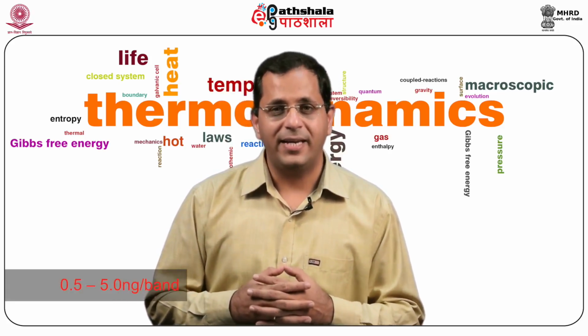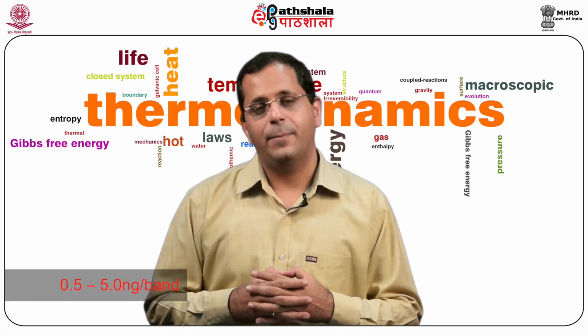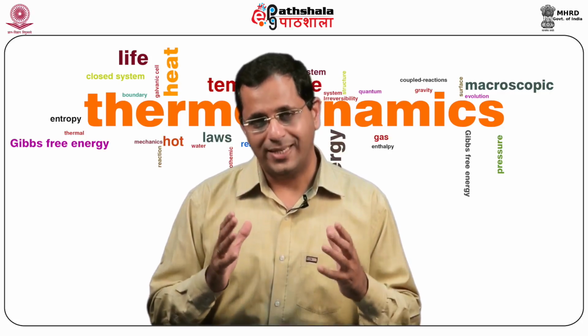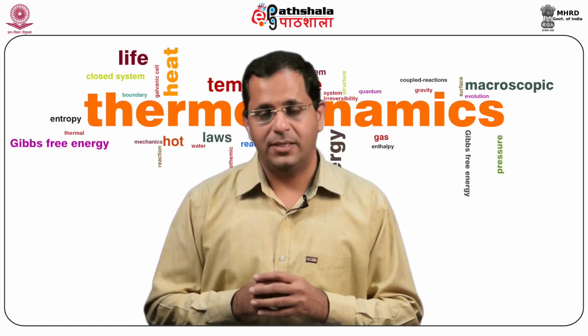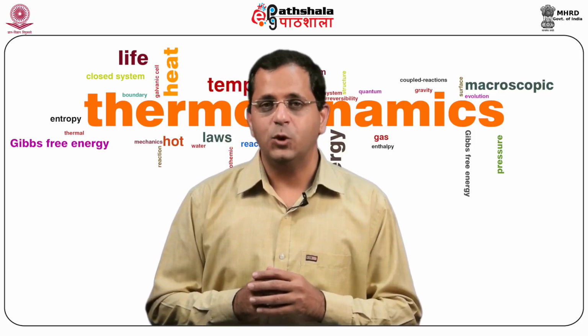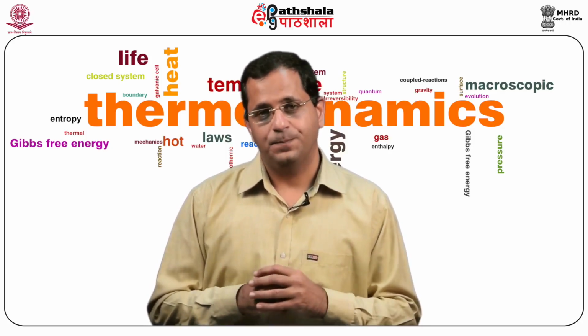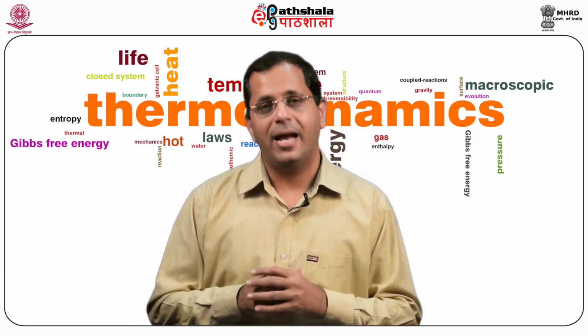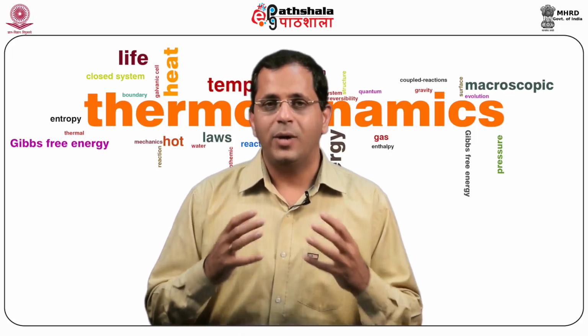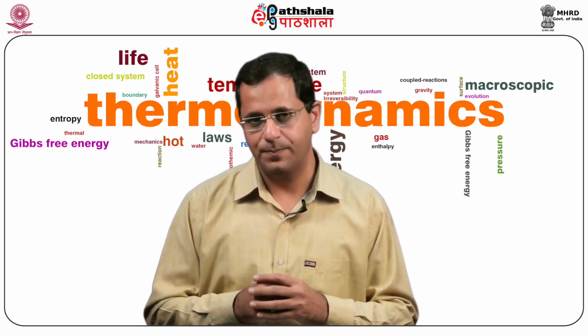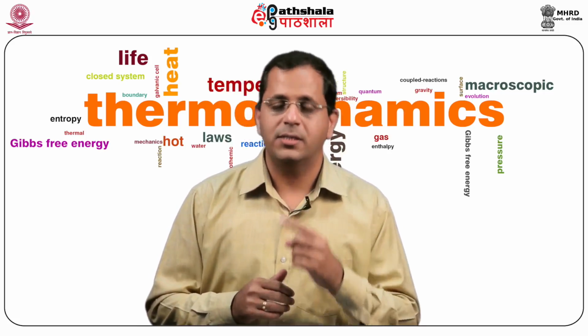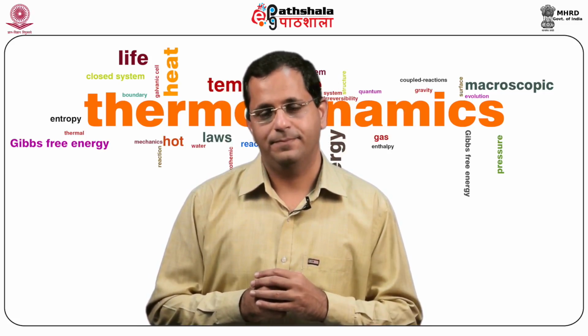What is the sensitivity? It can detect up to 0.5 nanogram of DNA per band. Although it is very sensitive, this particular ethidium bromide is known to be carcinogenic, as proved by the Ames test. You have alternatives like SYBR-based agents, but then cost is a limiting factor for them.